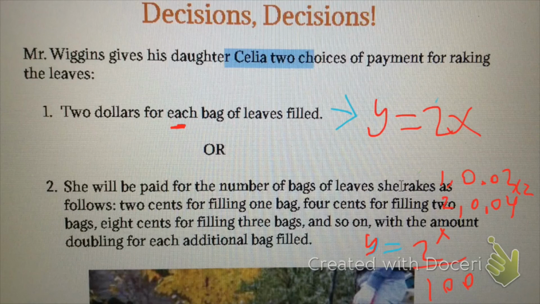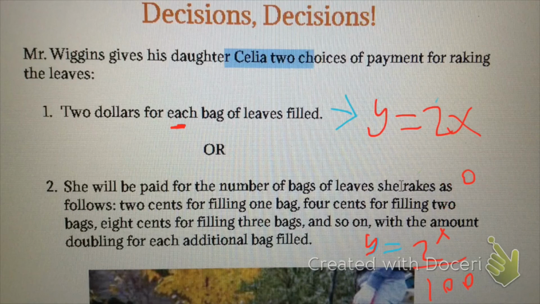And then you have to divide by 100 because it needs to start off with 0.02. So 2 to the power x, and then divide by 100 because it needs to start off with 0.02. That's where it started from: 0.02 cents, not dollars. Now let's go back to the question.